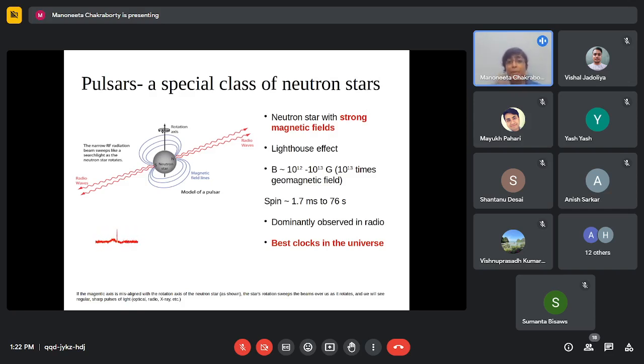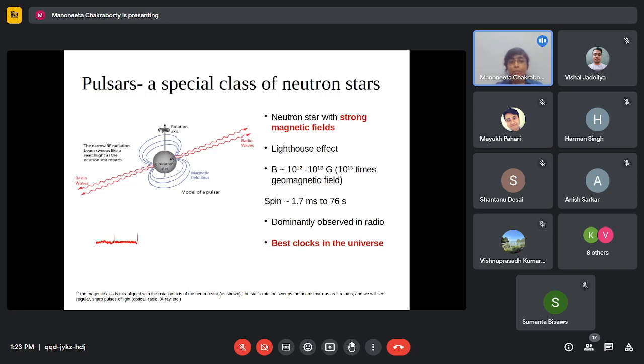But there is another special class of neutron stars called the pulsars, which is another object very close to my heart. These pulsars are a subclass of neutron stars that have a very strong magnetic field, and typically they also have a very high rotation. Their rotation axis and their magnetic axis are not aligned. That means that as they rotate, the magnetic axis sweeps out a cone.